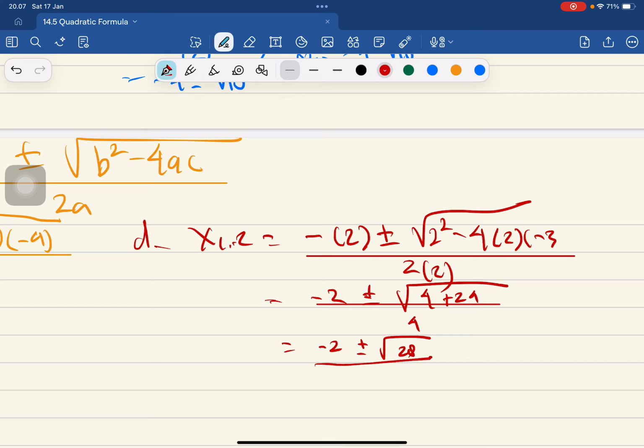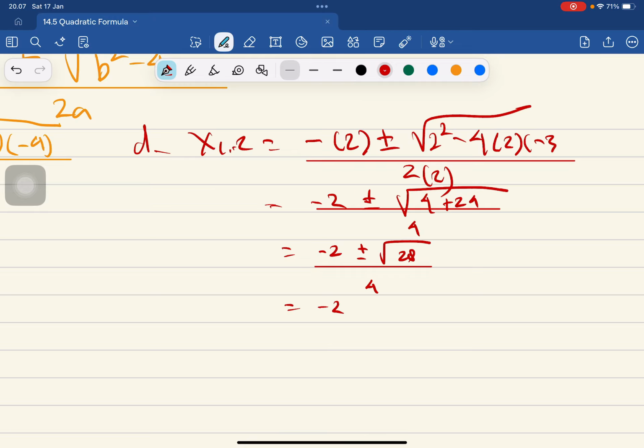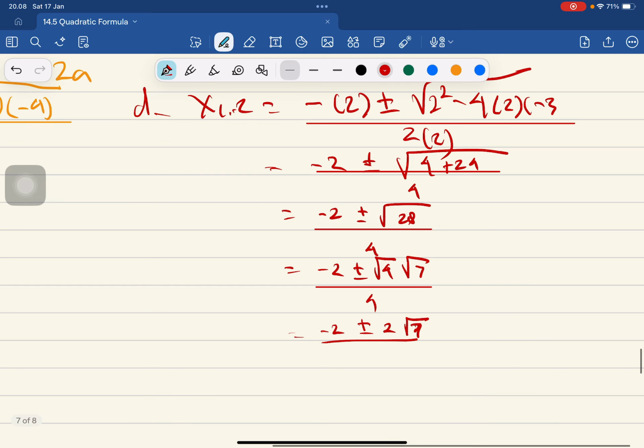We divide by 4. So let us simplify. Minus 2 plus minus square root of 4 multiplied by square root of 7, divided by 4. So minus 2 plus minus 2 square root of 7, then we divide by 4.